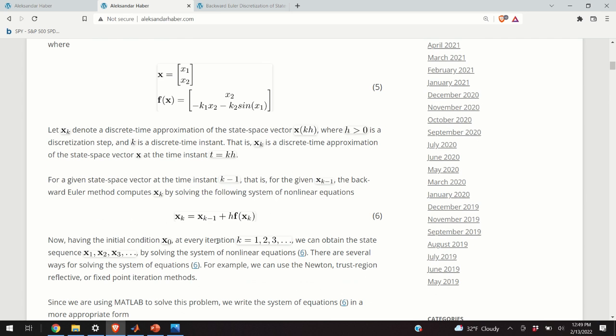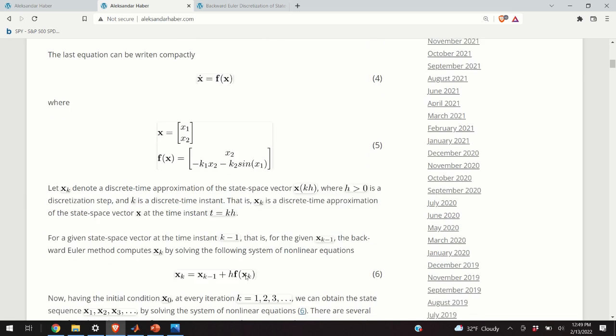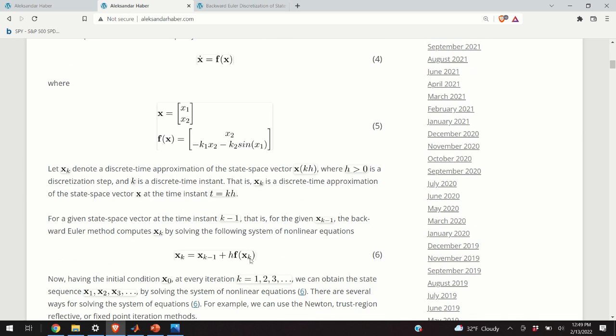Then, xk minus 1 is an approximation of the system state at the discrete time instant k minus 1. h, as I mentioned before, is a discretization constant, and f of xk is nothing less than the vector function f defining the system dynamics evaluated at the time instant k.